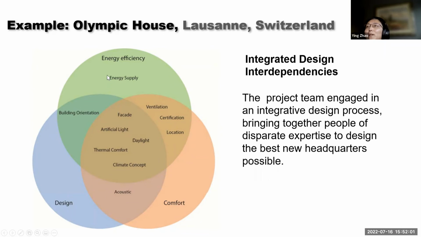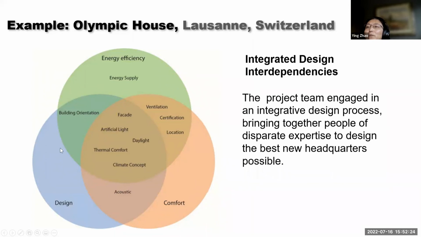For example, energy efficiency will cover acoustics, and the factors affecting these three are building facade, artificial light, daylight, thermal comfort, and climate concept.